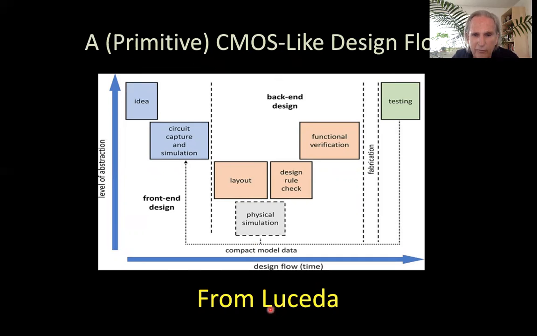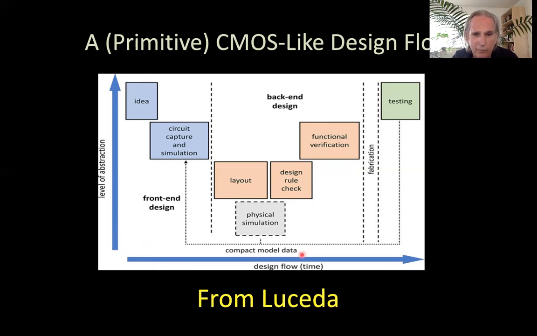Luceda Photonics was formed by many of the people who built the original line at IMEC. They had the first commercial foundry that took in anybody's designs. That goes all the way back to around 2005.